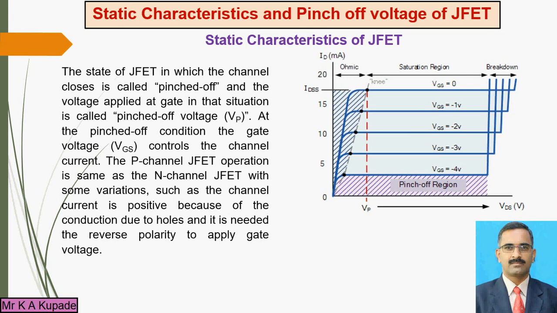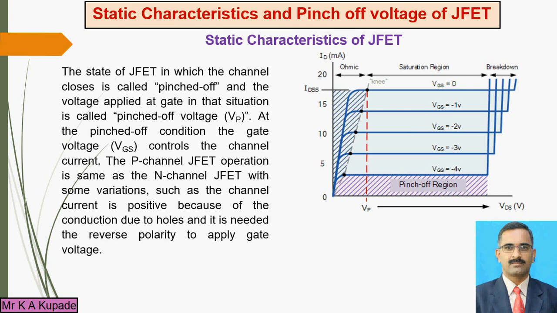And in the region after VP, even though you are increasing the VDS voltage, there is a constant flow of current for some voltage range. That constant region, in which there is no increase in the current, is called the saturation region.